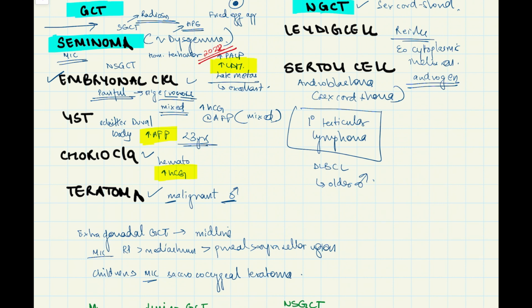Another question on seminoma was asked that in patients with seminoma, they develop Hodgkin's lymphoma that leads to a paraneoplastic syndrome causing cerebellar ataxia. So the answer was Hodgkin's lymphoma. This was asked last year in INI-CET.